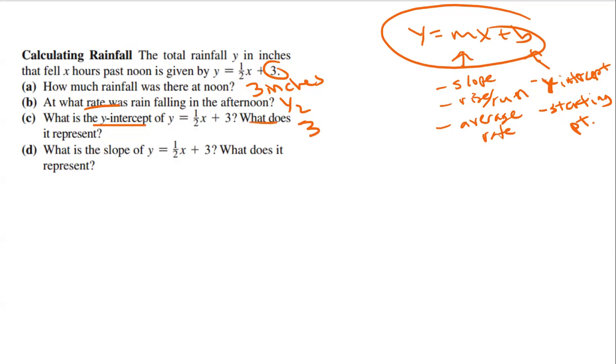What does that represent? We just said it. That's how much rain by noon. What's the slope here?